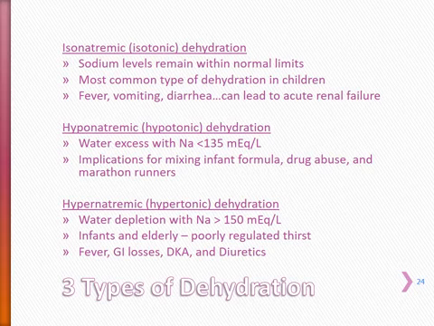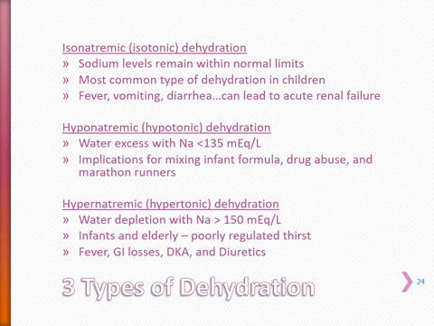I like when they use the term isonatremic because if you remember, natremic means sodium, so that's cueing you into what the sodium is doing. So iso meaning the same, sodium levels are within normal limits. Isonatremic dehydration is the most common type of dehydration.